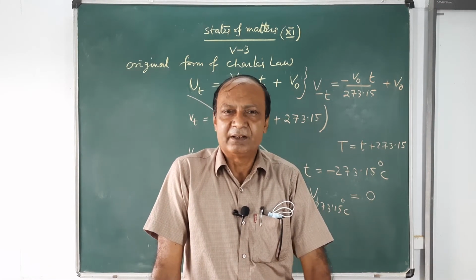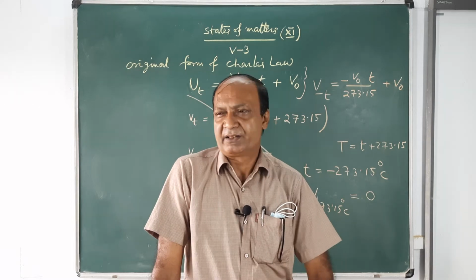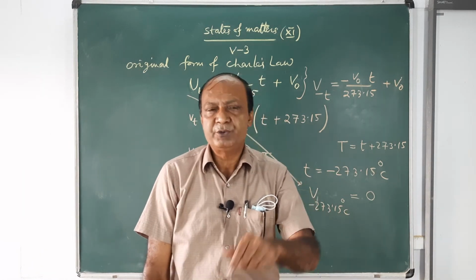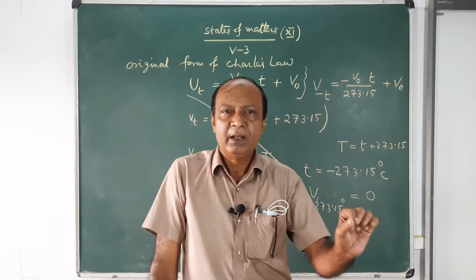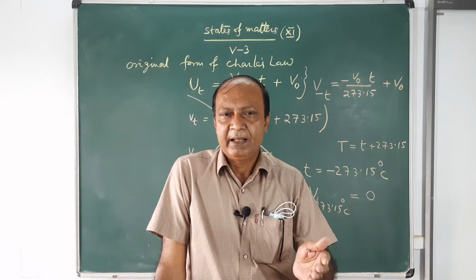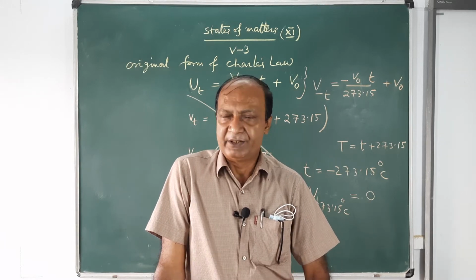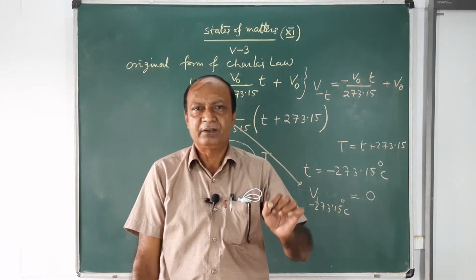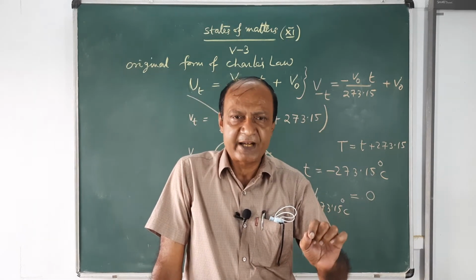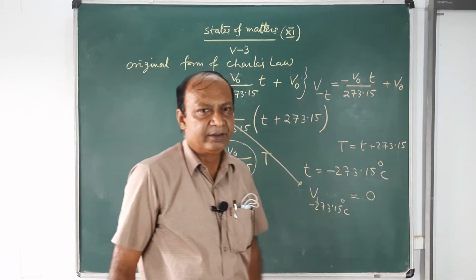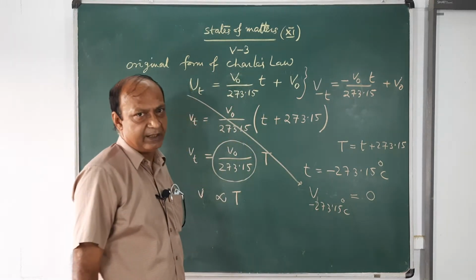That means the gas will lose its gaseous state. Volume reducing to 0 means there will be no molecules in the gaseous state. Theoretically, this is the temperature at which the gas loses its gaseous state, means it will turn to liquid. That is the concept behind it.